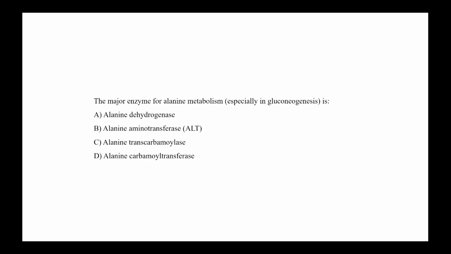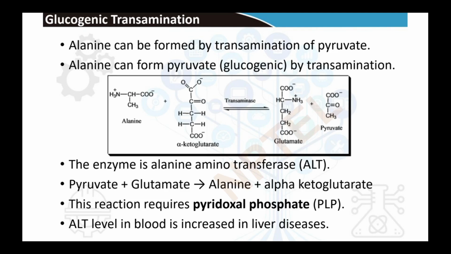You have answered alanine aminotransferase, that is ALT. That is the correct answer. We had discussed alanine aminotransferase and aspartate aminotransferase, ALT and AST, in the previous session when we were reading about transamination reactions.